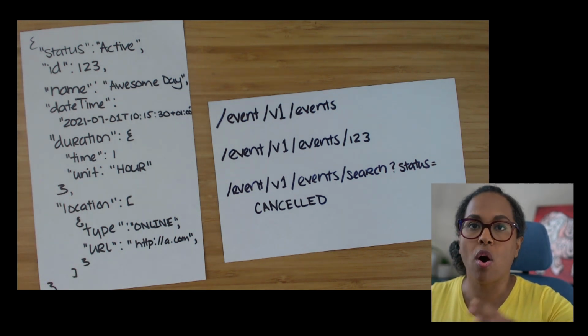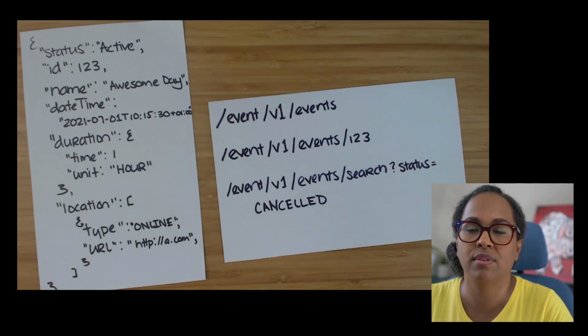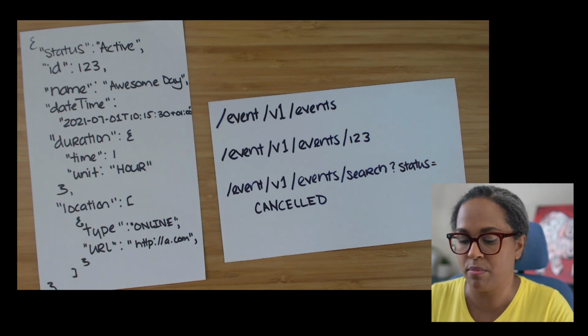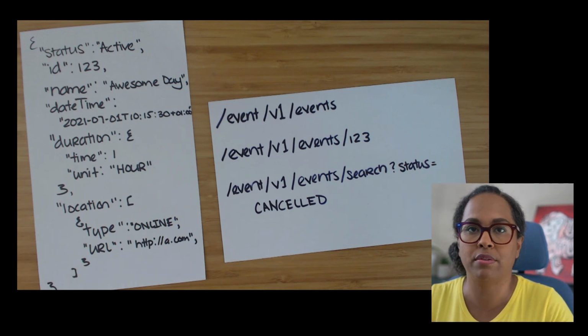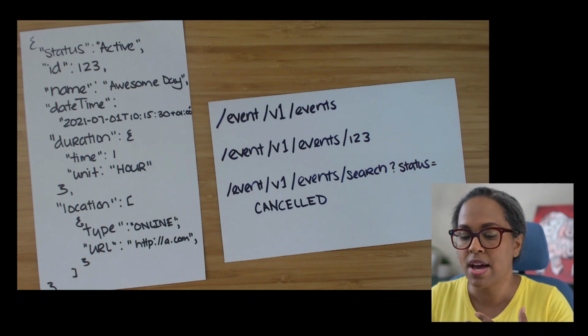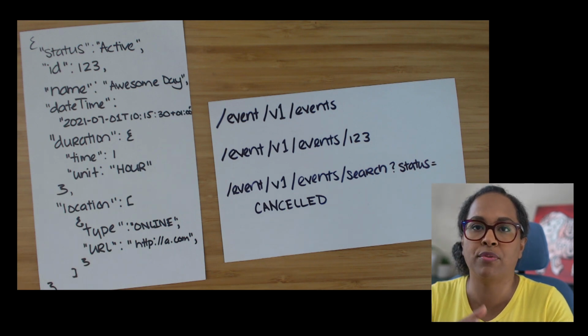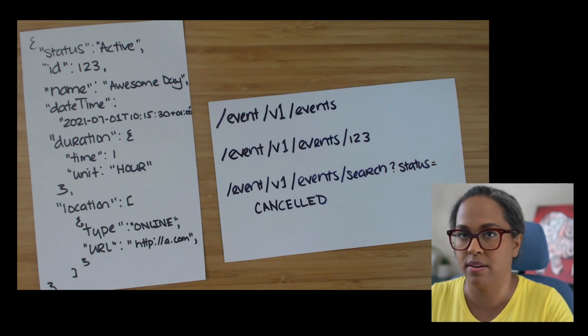So instead of getting all the events in our database, we might say, give me all the active events around DevWidgets YouTube videos, for example. And so that would allow us to just get a subset of events. It wouldn't be a full scan on the table. And then we can do more advanced querying and say, only give me from today on, to again be more efficient with that query.